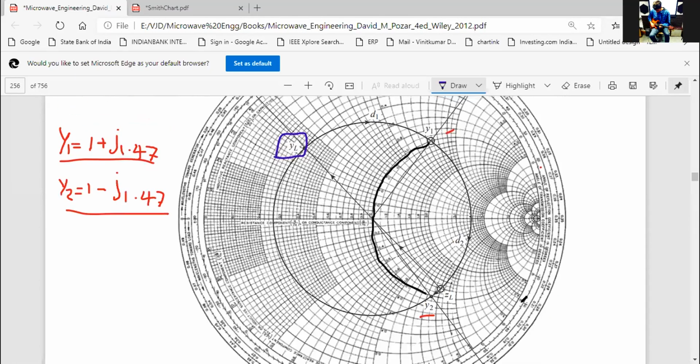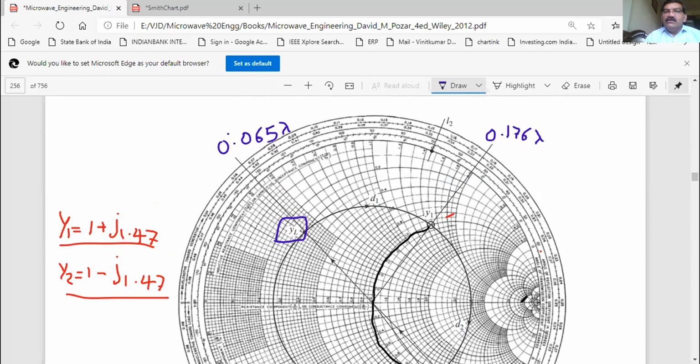Now what do we have to do next? As the positions in lambda are given, now we have to find out D. Now what is D? Here it is mentioned. D is from D1. Now I'll go for D1. From this point to this point, whatever the distance is, this distance is D1.